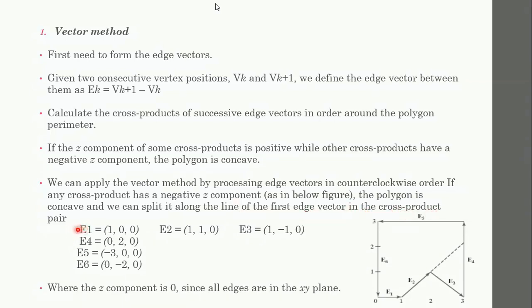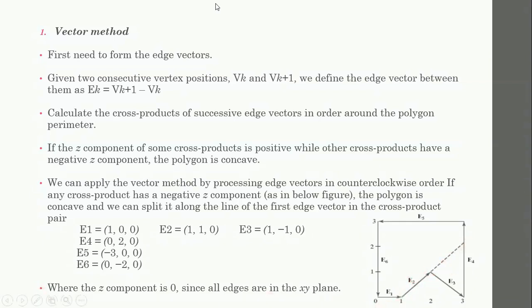Suppose whatever z component you get, maybe e2 cross e3 is 0, 0, minus 2. If you get that, then that was the first cross product to give a negative z component. So at that time you consider that particular edge and extend the line.